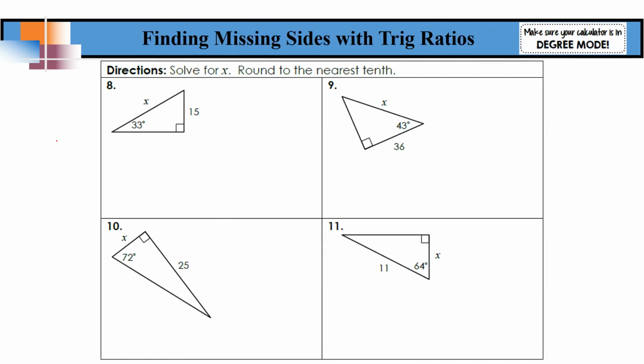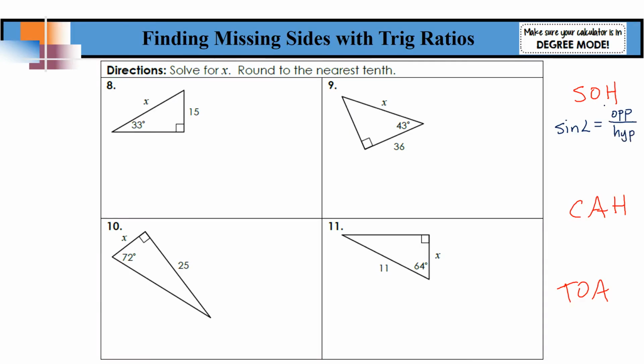Now, on Friday, we learned about the trig ratios called sine, cosine, and tangent. And I'll remind you, we learned these three what sound like nonsense words, SOH, CAH, and TOA. And those were shorthand for the trig ratios that we learned. So the S stands for sine. So sine of an angle is equal to the opposite side over the hypotenuse.